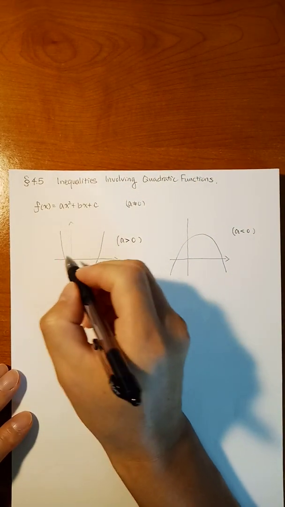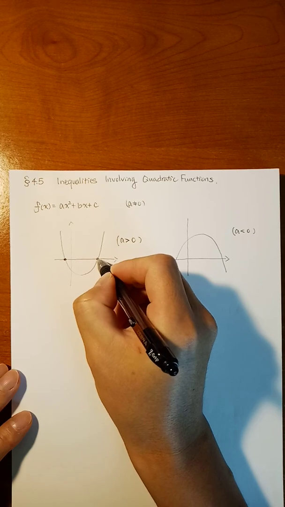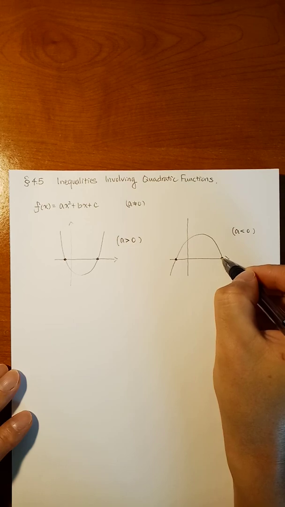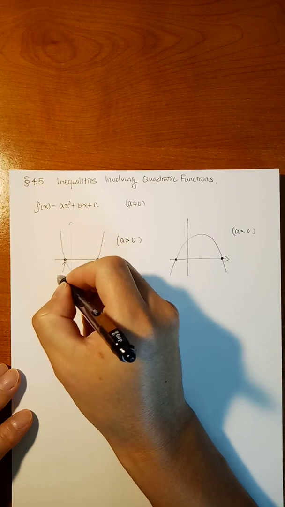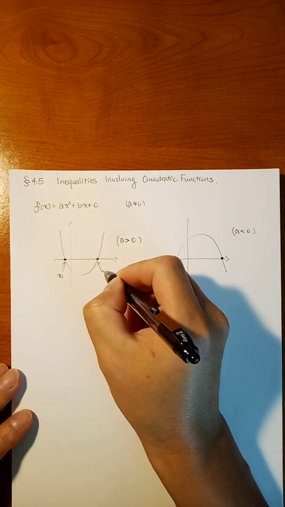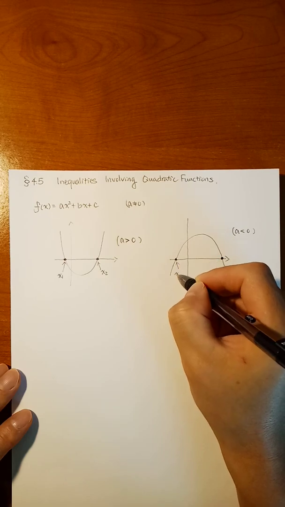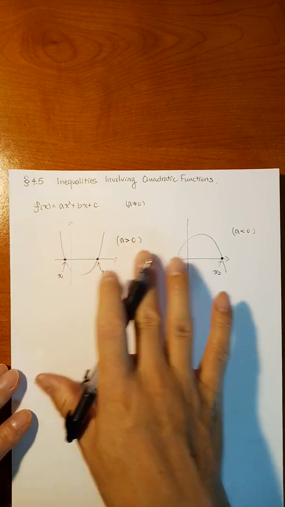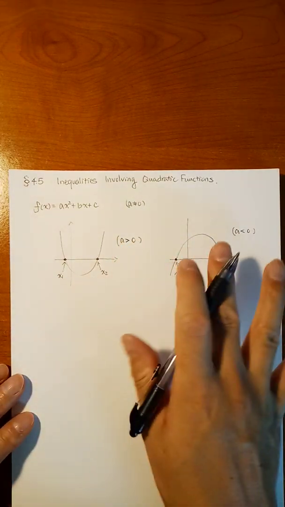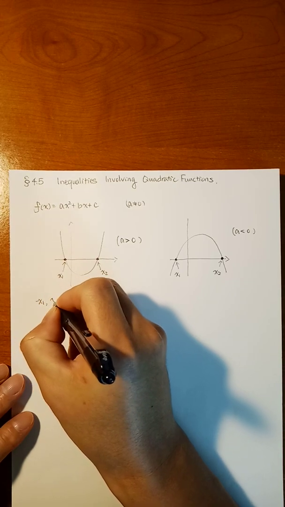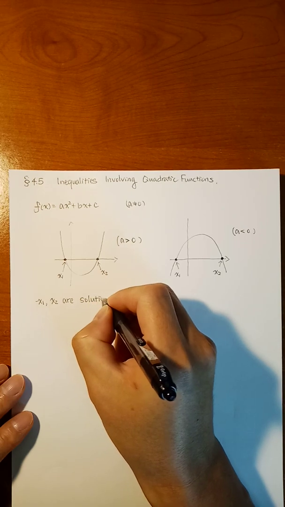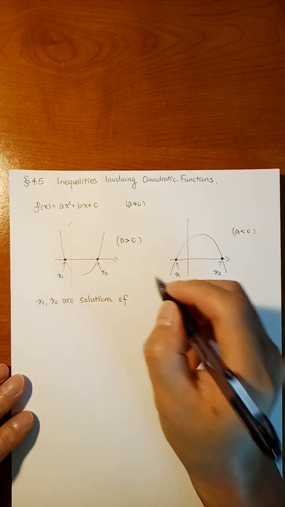And these 2 points here are the solutions of the quadratic equations. If here's x1, here's x2, then either a is positive or negative, in both cases x1, x2 are solutions of the quadratic equation.